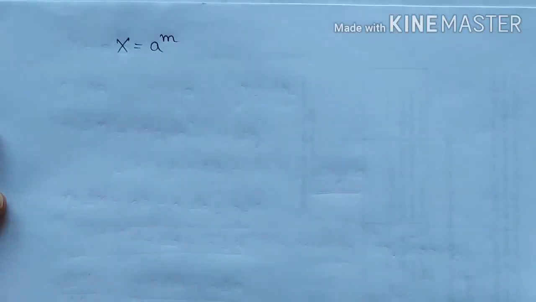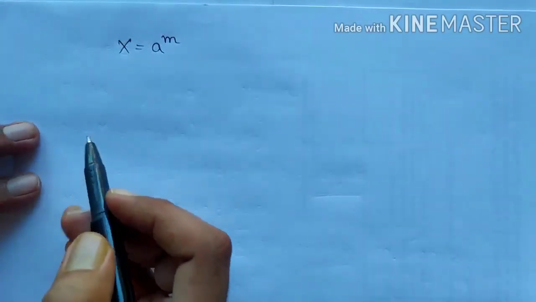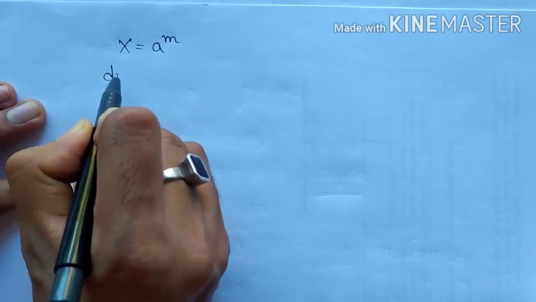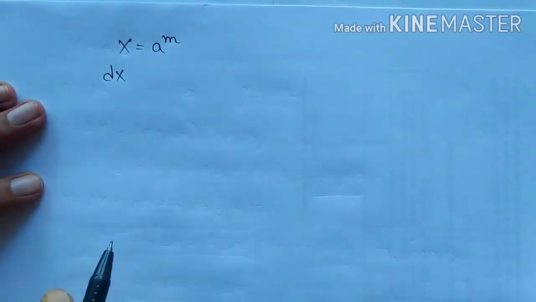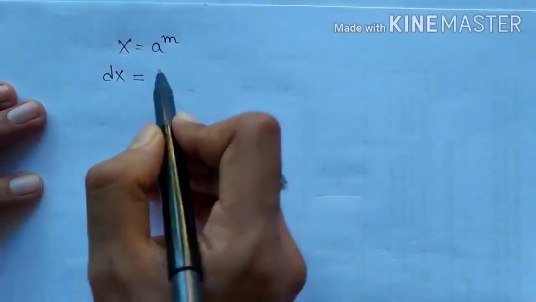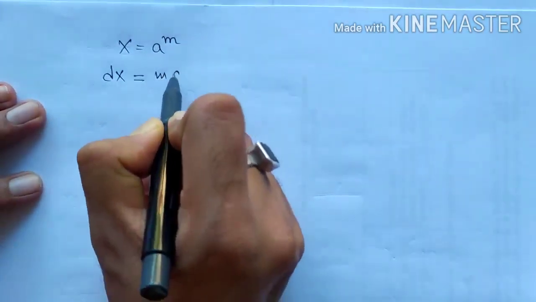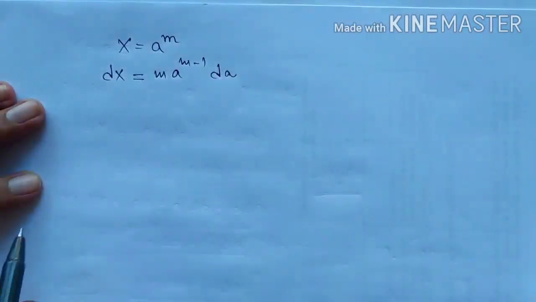So now let us see, if the form of x is x equal to a to the power m, how to get the expression of maximum permissible error. If I differentiate this expression, this will be dx. This is a part of calculus. I hope you have done these simple things in calculus. So if I differentiate it, this m will come here, a to the power m minus 1 dA.